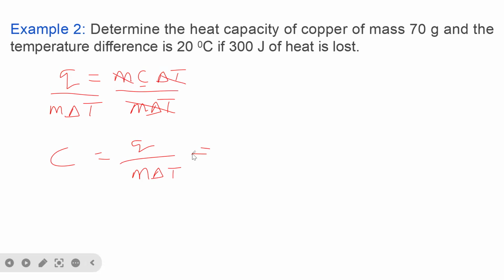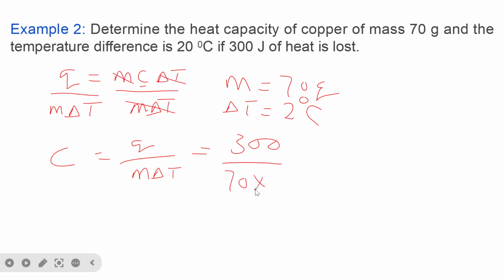As you can see, the Q here is 300. And then the mass is given as 70 gram. And then the change in temperature, that is delta theta, is equal to 20 degrees centigrade. So the M here is 70 times the change in temperature, 20.